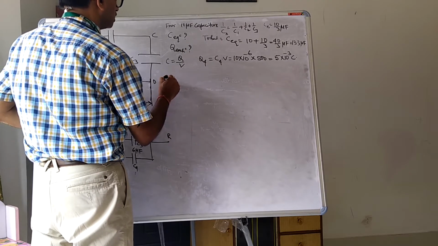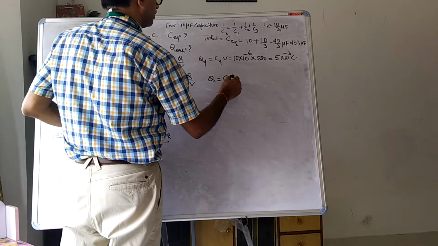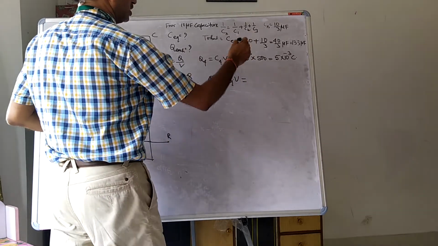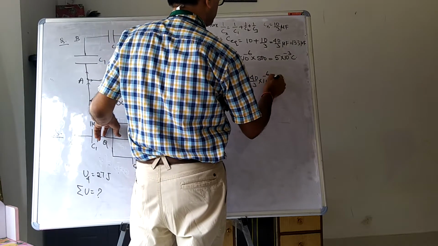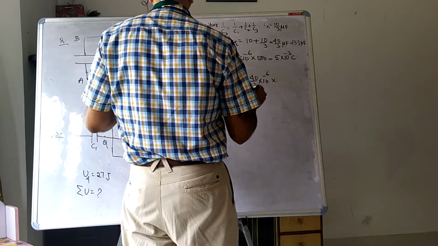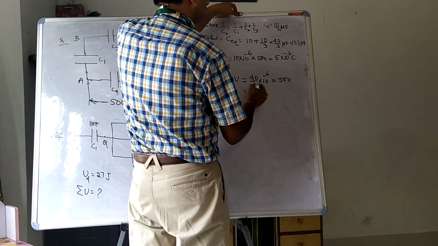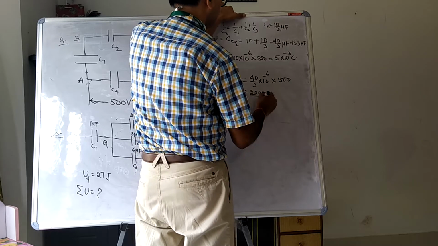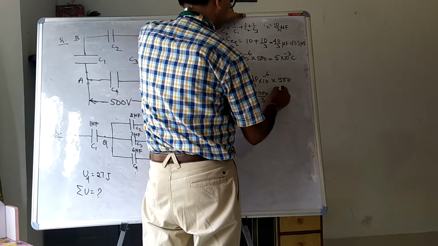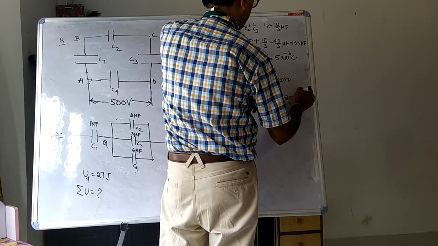Therefore, since C equals Q by V, Q equals C equivalent into V. The C equivalent was 40 by 3 into 10 to the power minus 6 and 500 volt. So it is how much? It will be 20000 by 3 into 10 to the power minus 6, so it will be 20 by 3 into 10 to the power minus 3 coulomb.